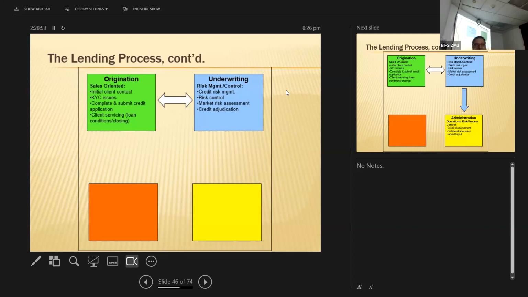I prefer a two-way street as opposed to the underwriters declining it as it's presented, and then you submit another application with the corrections. That is something that I personally practiced. I gave the loan officer the opportunity to correct something that needed to be corrected, or to give me the additional information.